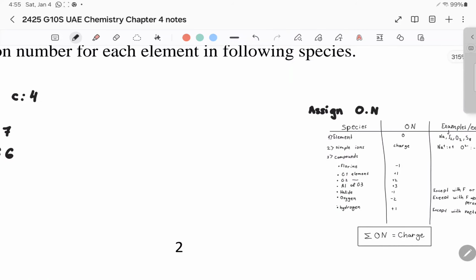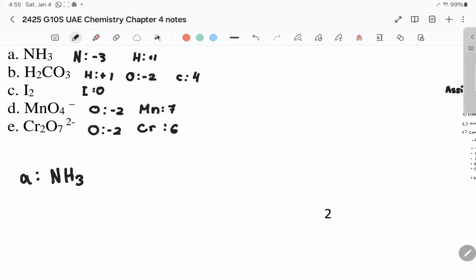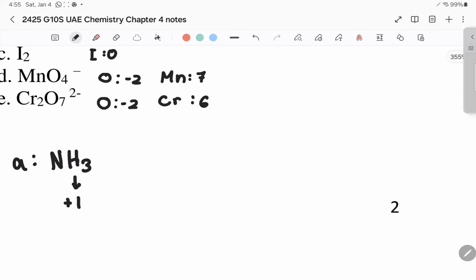So the ones you know, which in this case is hydrogen, you put directly. Hydrogen is always +1 unless it's an exception. So you immediately write down +1, and now you need to find the ones you don't know, which in this case is nitrogen. Since hydrogen is +1, you do +1 times the subscript, so now you have +3. You write whatever you don't know as x, equal to the charge of your compound. Here your compound doesn't have a charge, so it's 0.